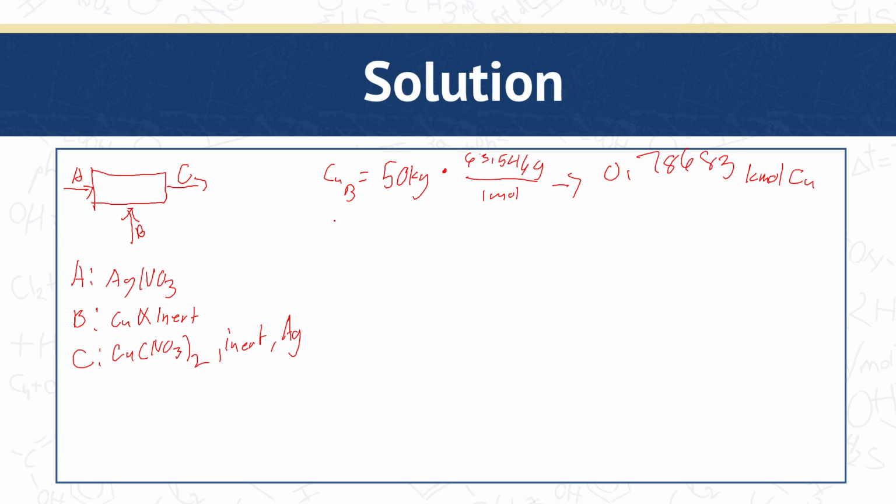Using this information, since we have 0.78683 kilomoles of copper at the start, 0.78683 kmol copper in reactants must be equal to kmol copper in product.